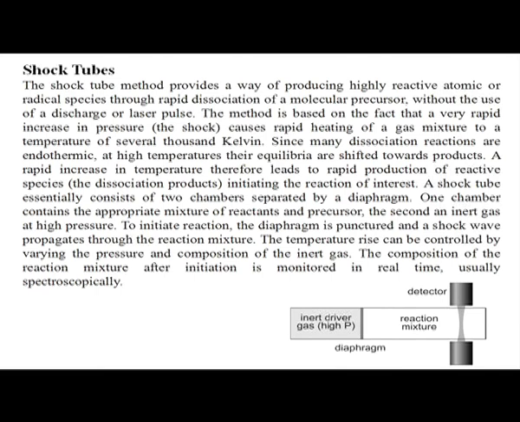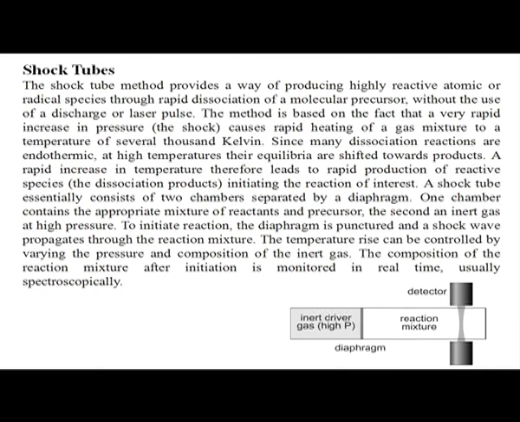The method is based on the fact that a very rapid increase in pressure, that is the shock, causes rapid heating of a gas mixture. Generally, gaseous reactions are followed through the shock tube method, with rapid heating of a gas mixture to a temperature of several thousand Kelvin.